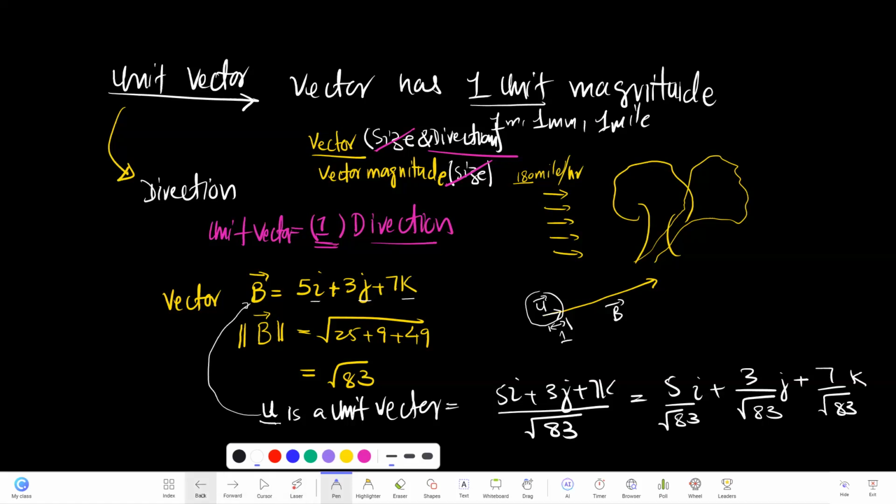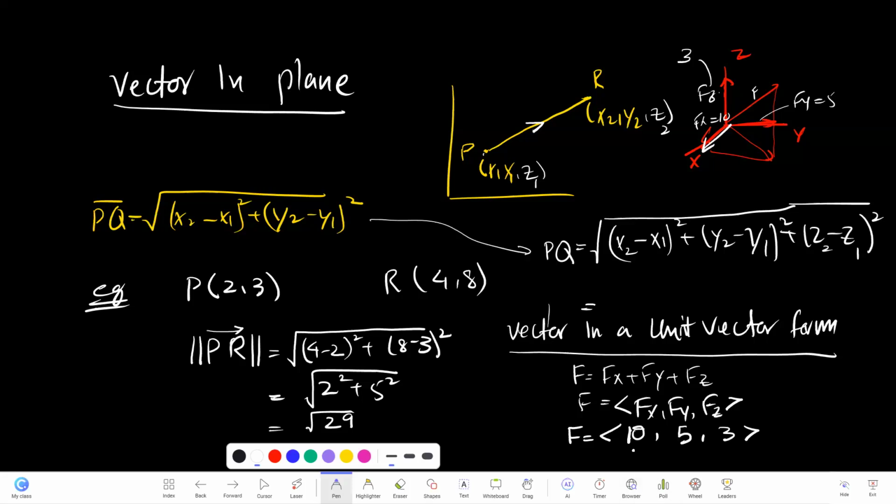So going back, these are the components, one component, another component, another component. This is x, y, z. For those standard directions, I can just use different symbols: i, j, k.